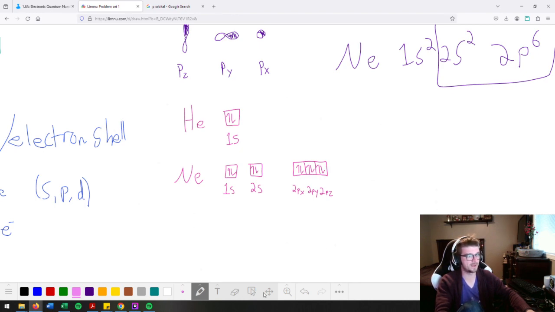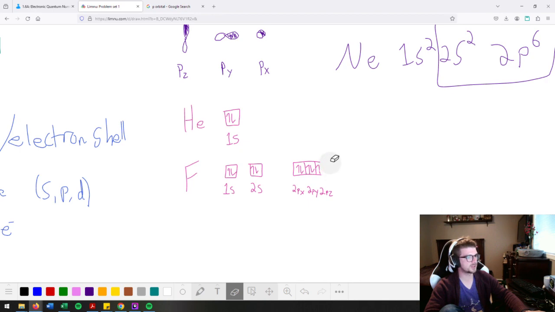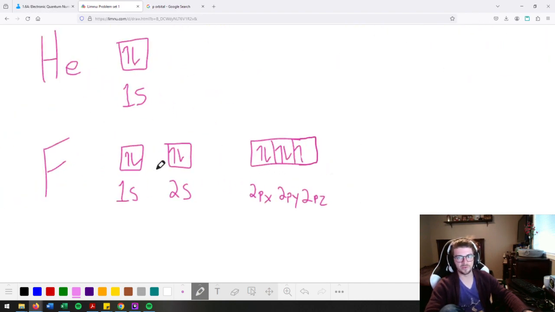So that's just another way that we use to represent the electron configurations. It's probably one that I will make frequent use of from here on out, because it's a pretty succinct way to identify which electrons are where. Because if we were to go down one, to let's say F, which is fluorine, it's got 9 electrons instead of 10. So it would just look like this, with the 1s and 2s orbitals full, and 2 of the p orbitals full, and 1 of them half filled.